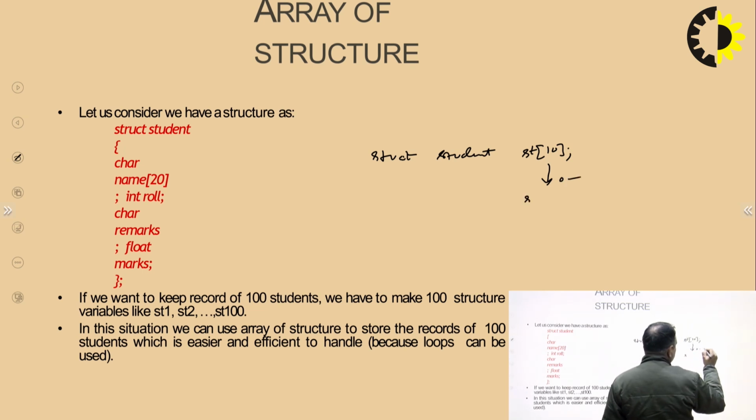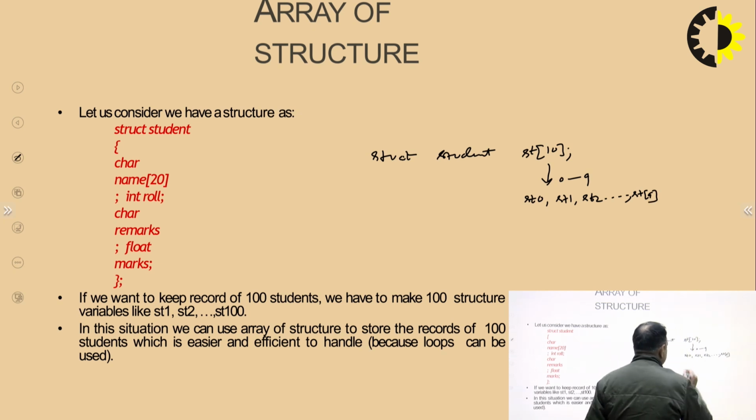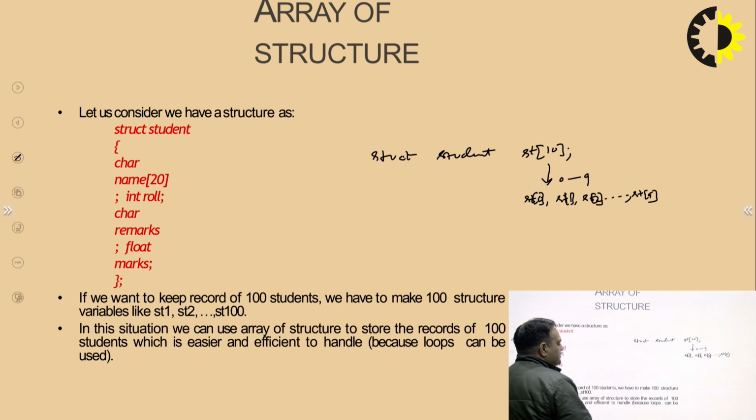Means 0 to 9: st0, st1, st2, up to st9. These are the structure variables.